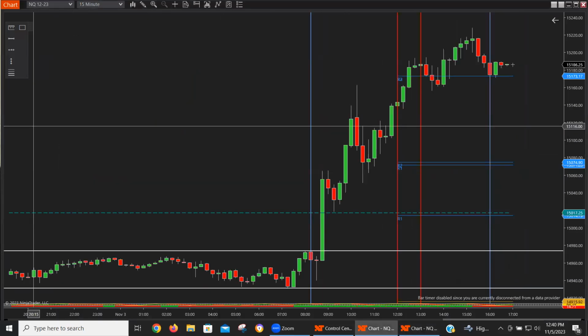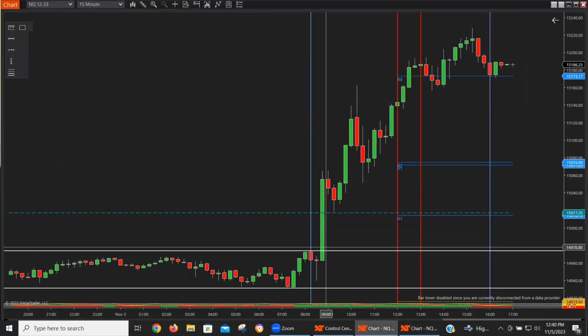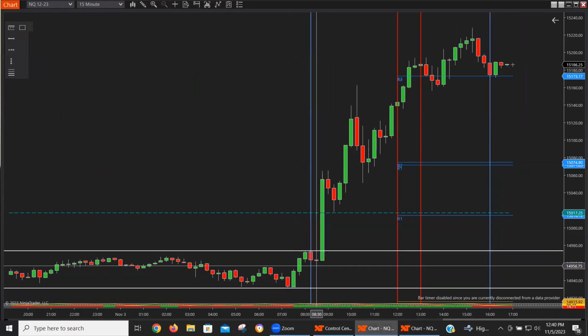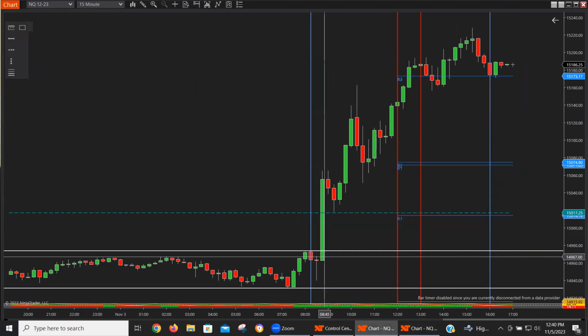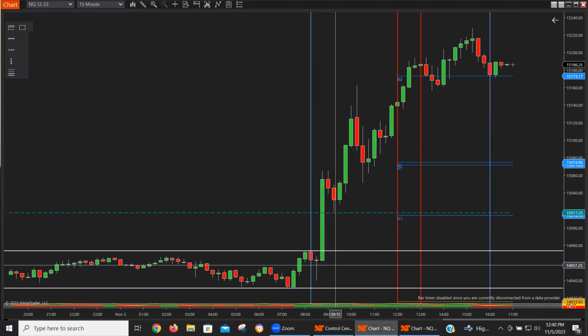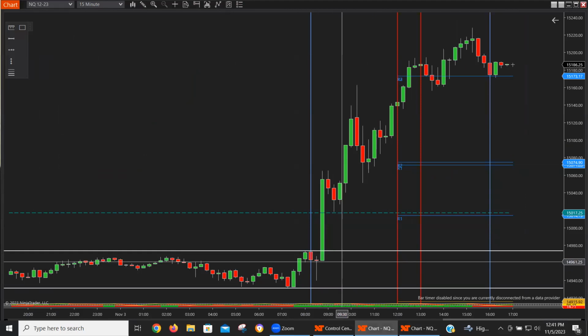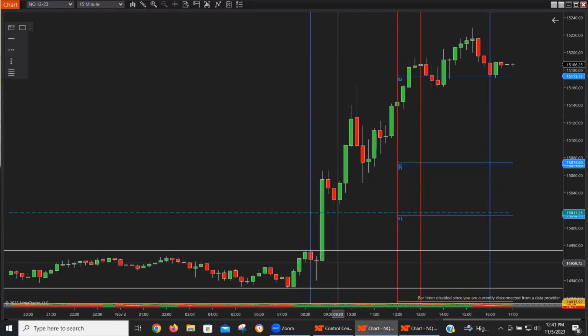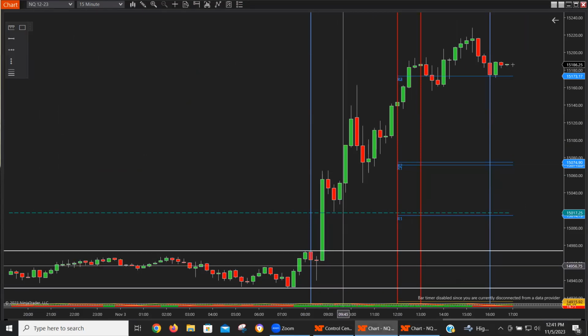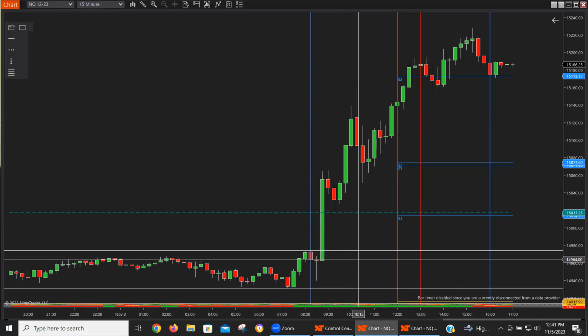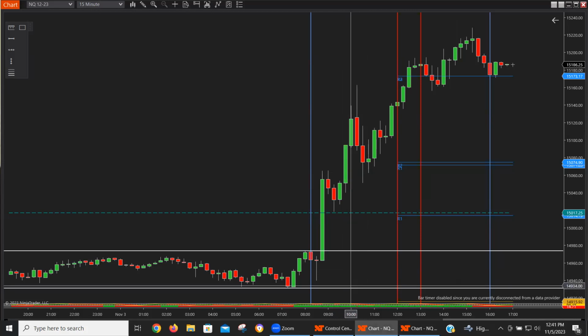Go to the 15-minute, and now I'm looking at where is my current high and low prior to 8:30, because I'm not really going to start trading until 9:30 when all the volume really flows into the chart. It's rare that I will take an 8:30 trade. I usually don't get started until the open at 9:30, and I'll go to 10:30, 11, 11:30 if it didn't happen early enough for me.